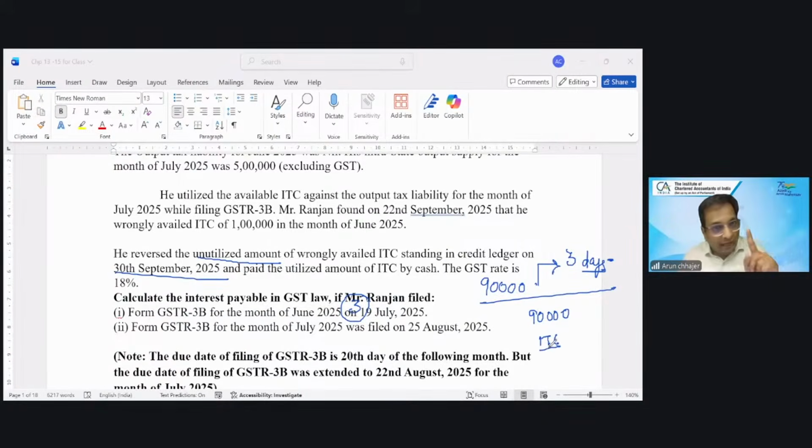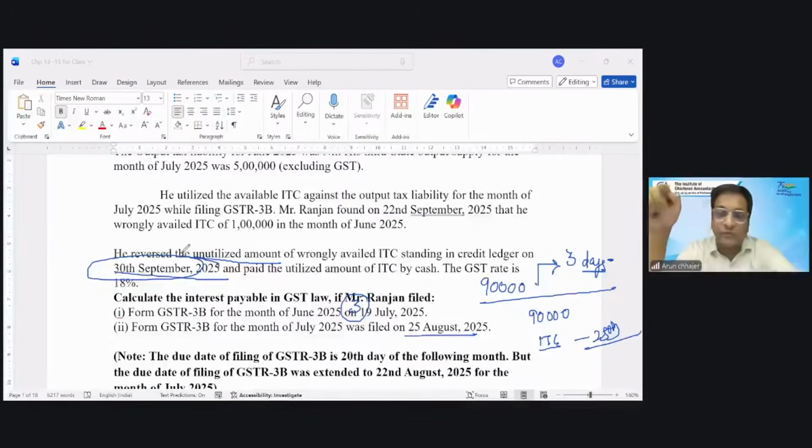Now the second, the 90,000 of ITC which is wrongly availed and utilized, on which date? 25th August to 30th September. So we need to calculate the interest for this period because it has been wrongly availed and utilized. Is that clear?